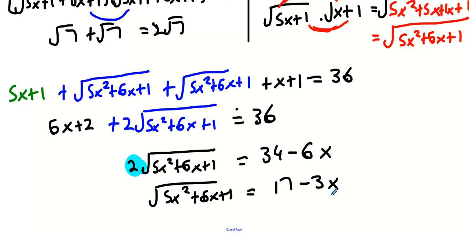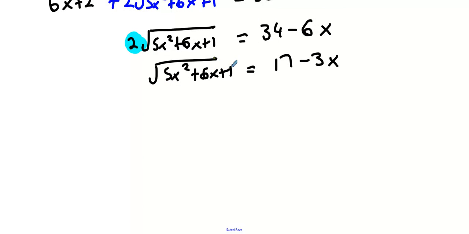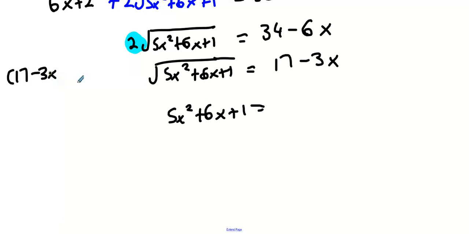Now, one more time. Go square both sides. Okay? So when I square this, what happens? Just gone, all right? Now, when I square the other one, it's 17 minus 3x multiplied by itself.